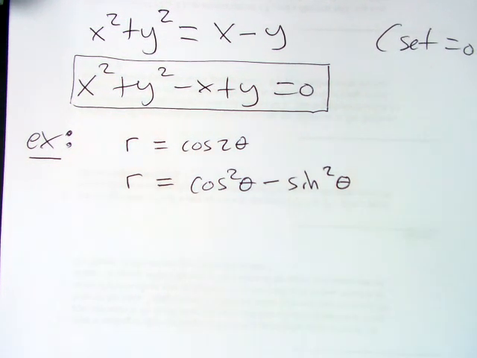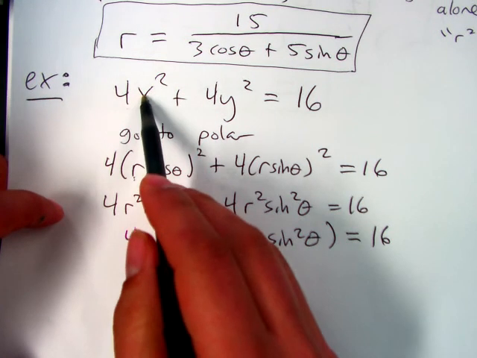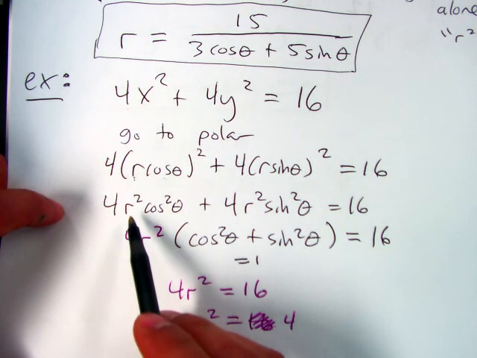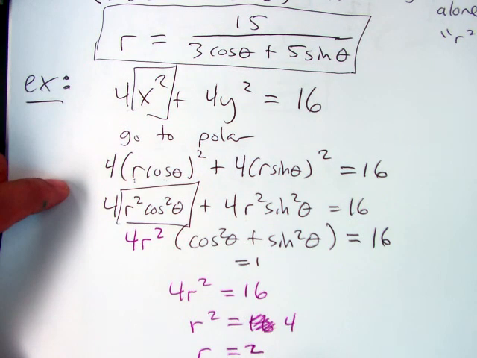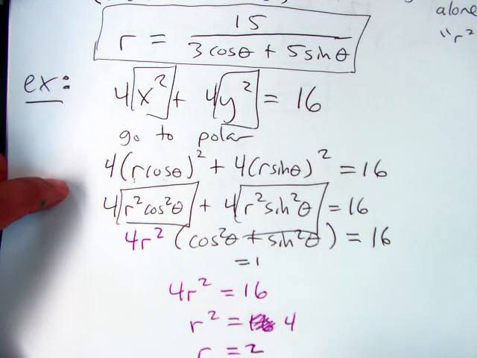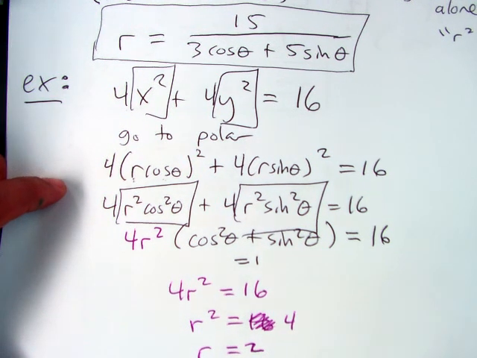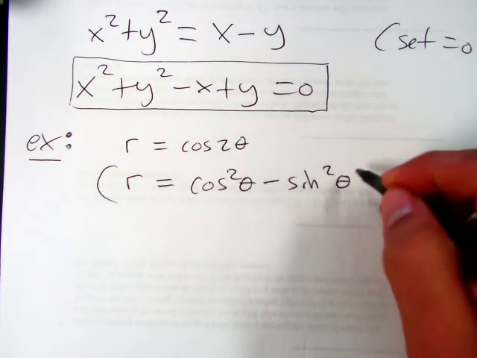I can show you again. X squared was actually r squared cosine squared, right? And y squared was actually r squared sine squared. And I think some of you caught on right away that it's not r we multiply by, but r squared. So let's see what happens there.